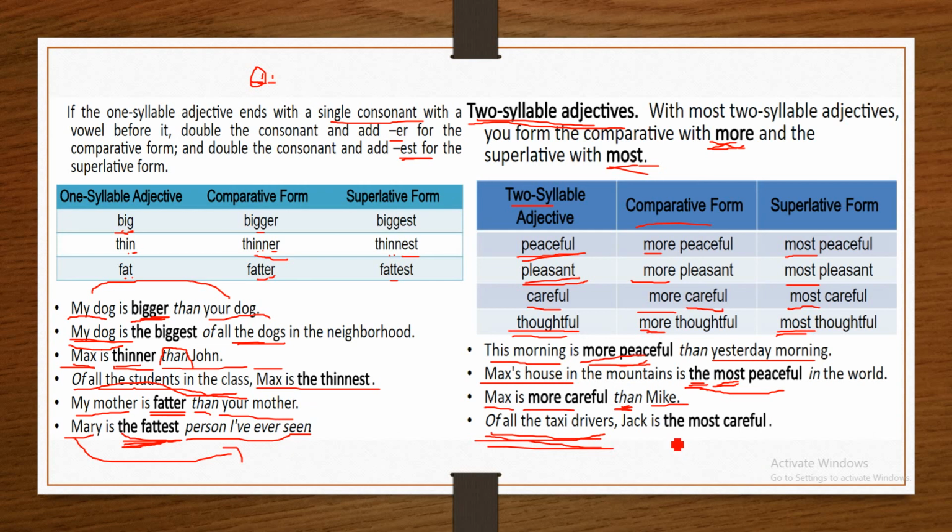Jack is the most careful. Therefore, it is a superlative adjective. How do you know? We know it is the superlative form because Jack is compared to a group of drivers. Jack is a driver who is compared to a group of drivers.